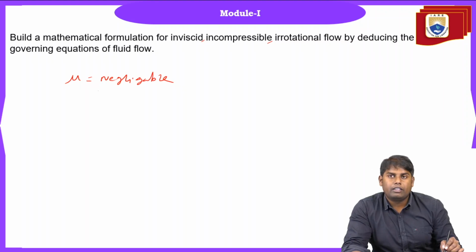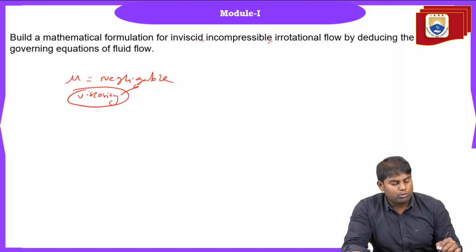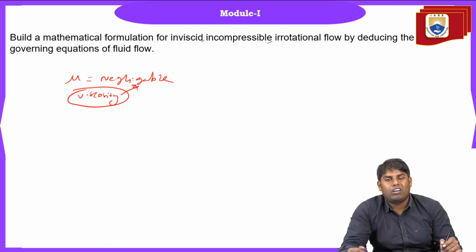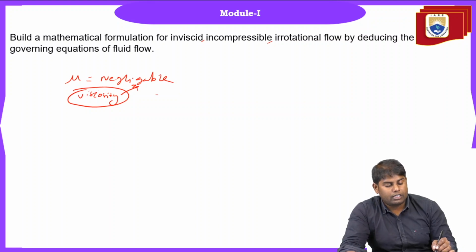The viscosity, which is the dynamic viscosity, is negligible. So we say that the viscous forces are negligible, or let's say we consider that mu term as 0. So that is the meaning of inviscid.